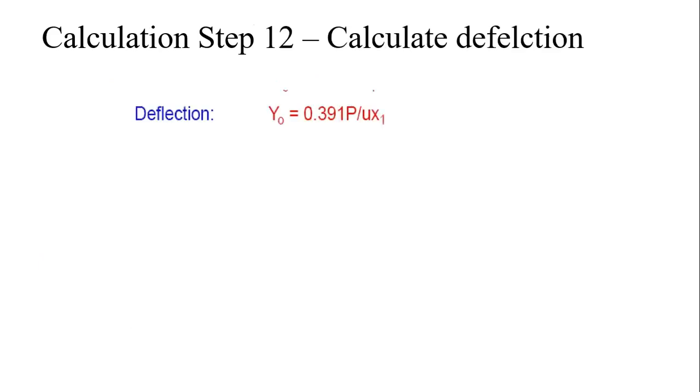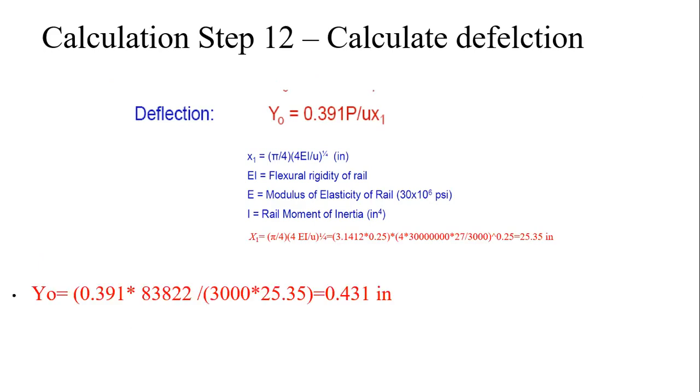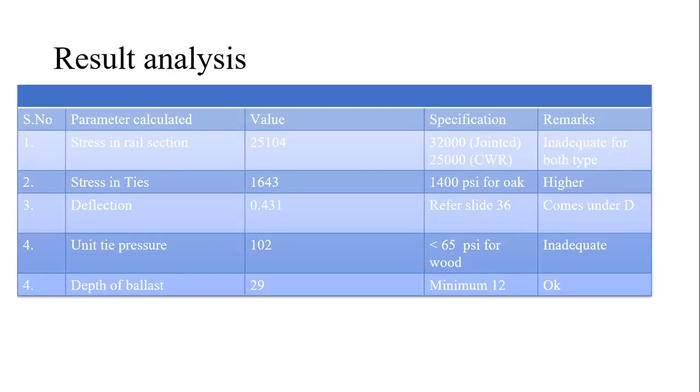We need to know the deflection, which we already calculated. You can use this equation, and our deflection is 0.431 inches. Now let us analyze what this means. We have calculated the rail stress as 25,104.